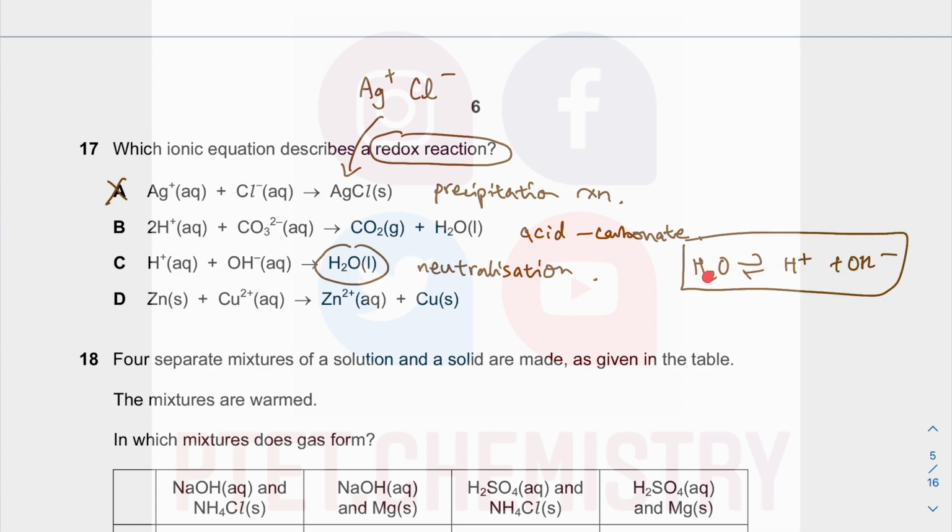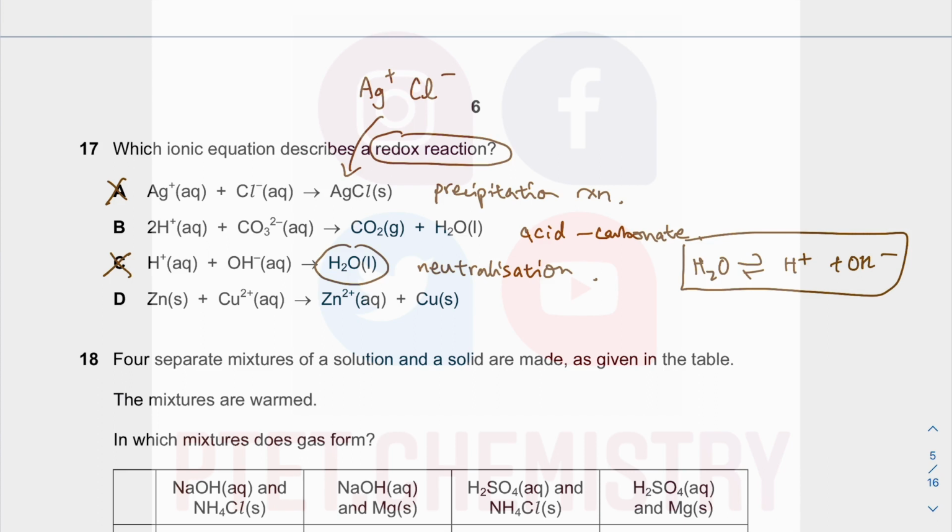Obviously we don't think of water dissociating into ions, but that's why when you do electrolysis, you have to consider H plus and OH minus from the aqueous solution. And this is the H plus and OH minus combining to give you water. So there's no change in them at all. Therefore, this is not a redox.